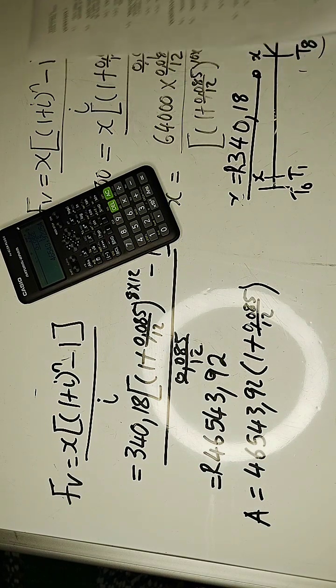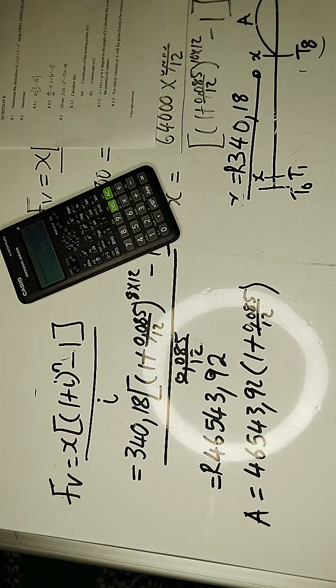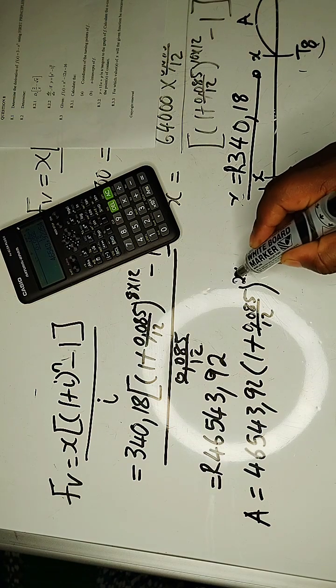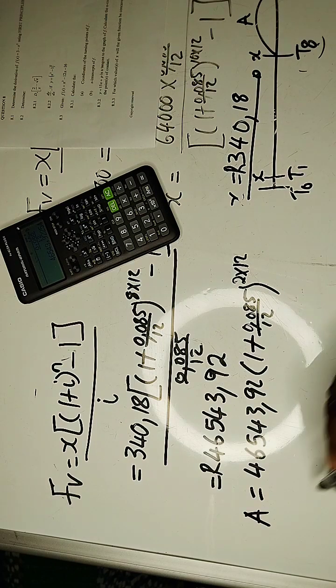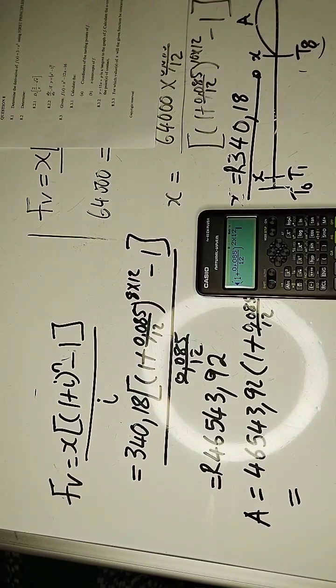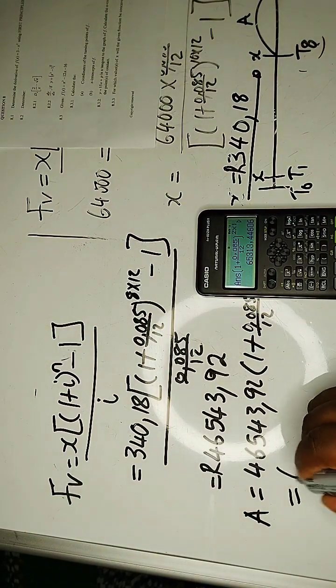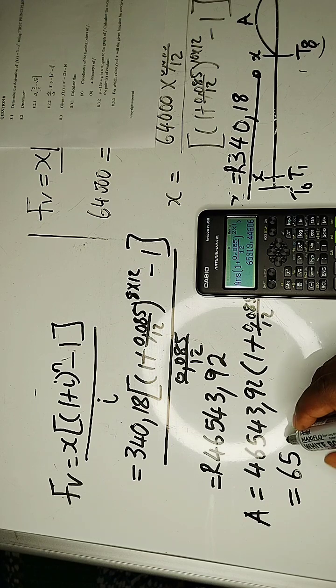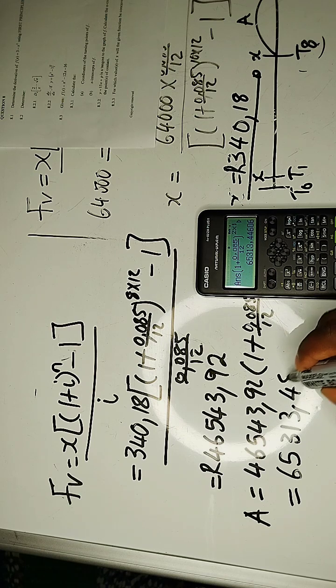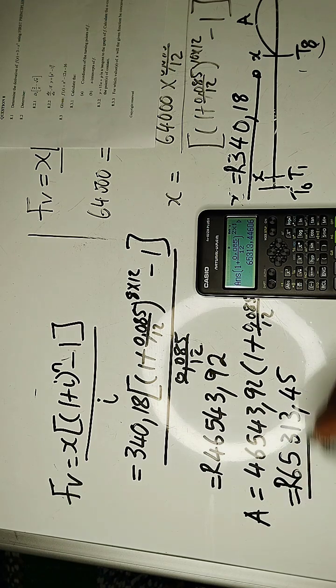Now let's check our timeline here. 10 minus 8, which will give us 2 years, times 12. Now let's punch this in our calculator. Whenever we punch it in our calculator, we get the amount of 65,313,45 cents. That is the amount we get.